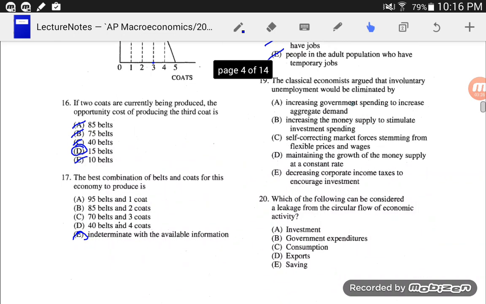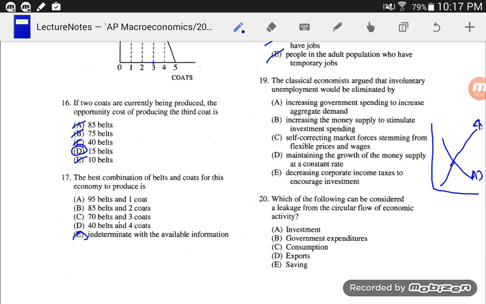Number 19. The classical economist argued that involuntary unemployment would be eliminated by... The big thing here is, with classical economists, I'm going to quickly draw that scenario with our aggregate demand, aggregate supply model. So there's aggregate supply.